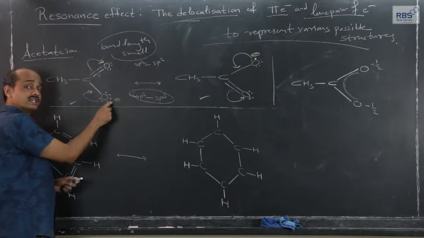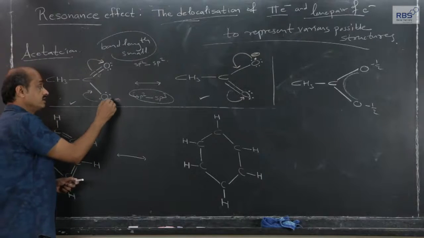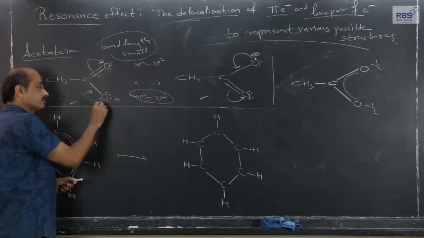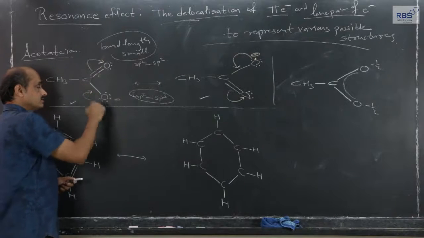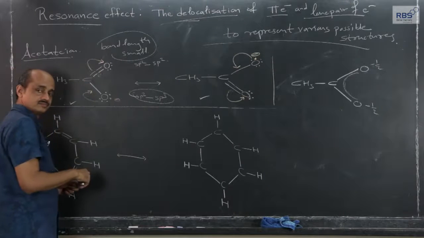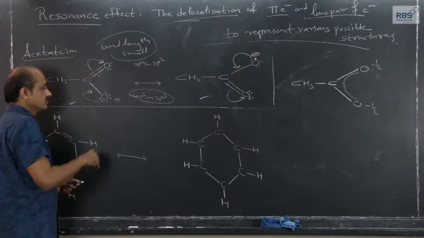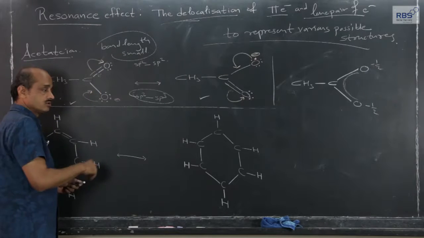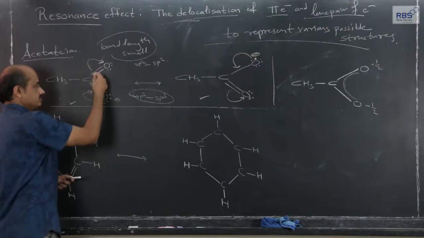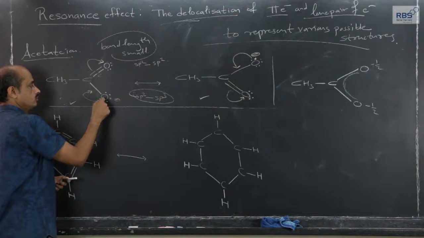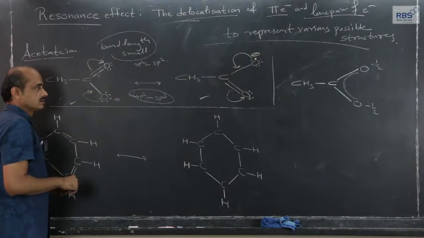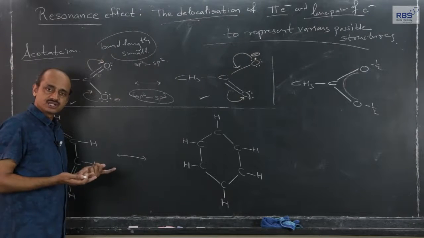If the -1 charge, because of the extra electron, gets distributed, delocalized over 3 nuclei, 2 oxygen atoms and 1 carbon atom, there will be more stability, of course.